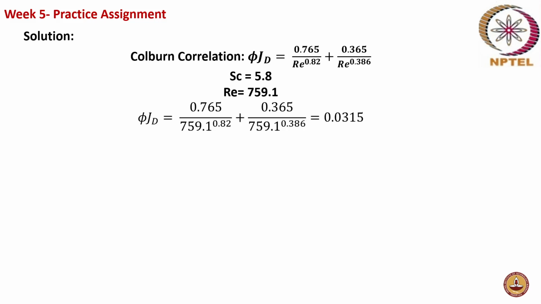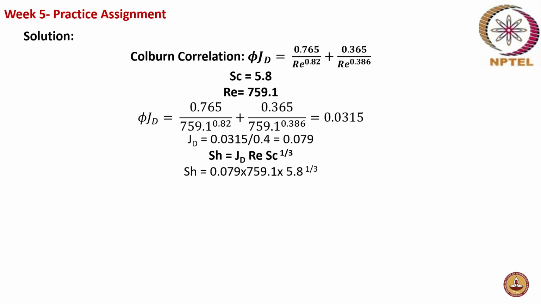Now, further substituting the values of the Reynolds number, you will end up with your Colburn factor as 0.079, and your Sherwood number is equal to JD into Reynolds number into Schmidt number power 1 by 3.